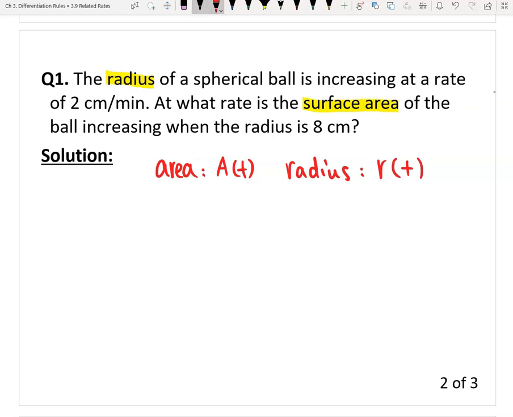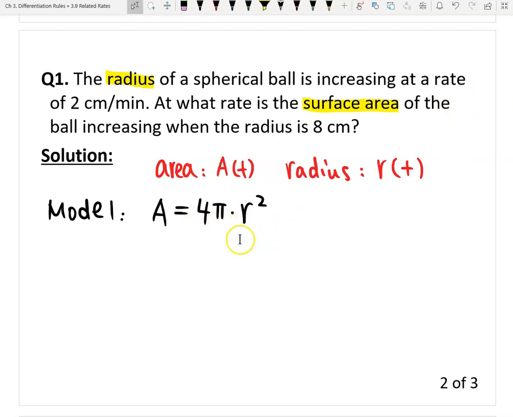Then we can build the model. It's easy to build. What's the relation between area and radius? Ignoring the t, A equals 4 pi r squared. Everyone knows this, right? So 4 pi r squared.